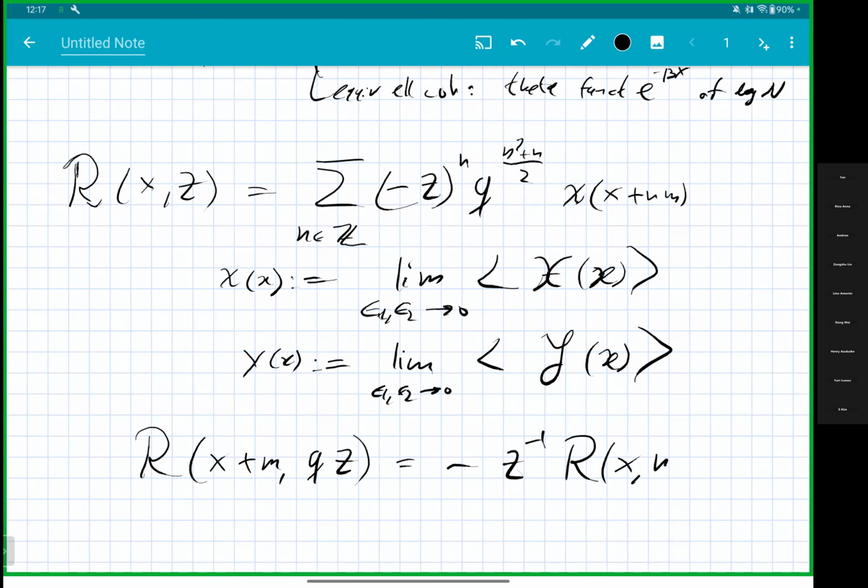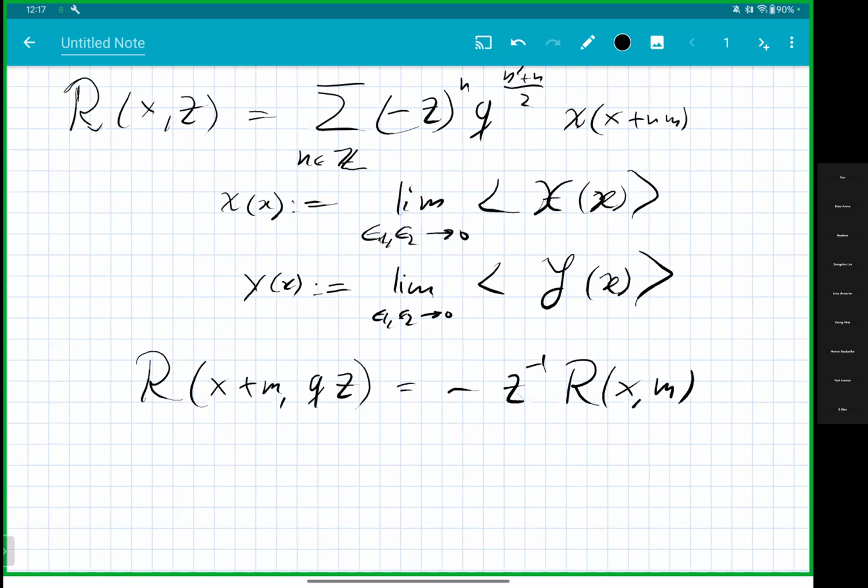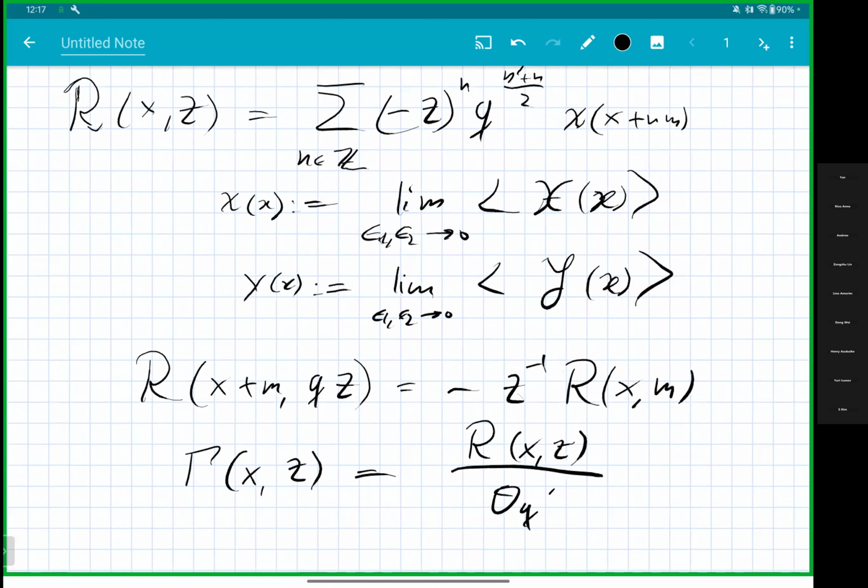So the hypothetical relation would be that gamma of xz is equal to r of xz divided by theta function.